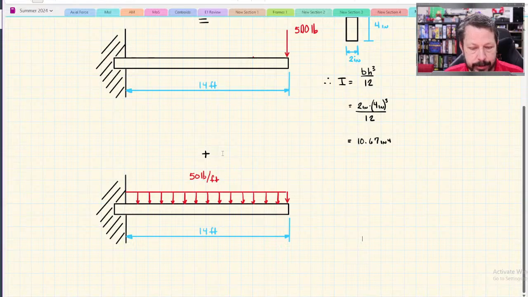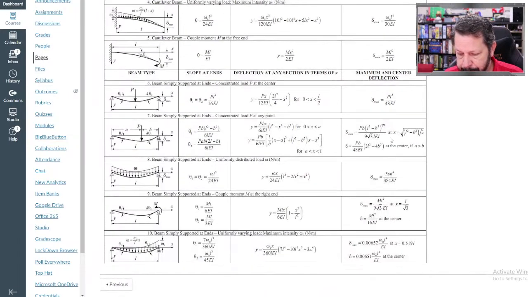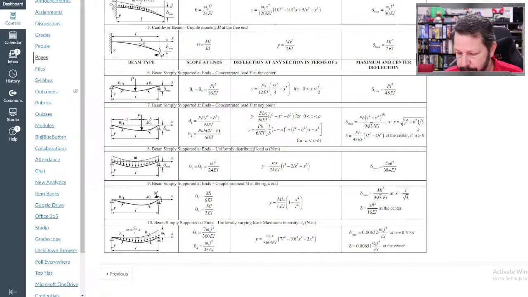So let's just do a simple one, and say we want to know the maximum deflection. In this case, the maximum deflection is at the end of both of these beams. It doesn't actually say that here. Sometimes it specifies at the center, at x equals this.